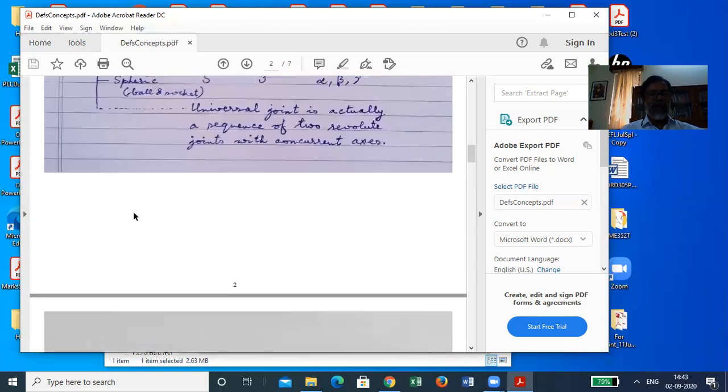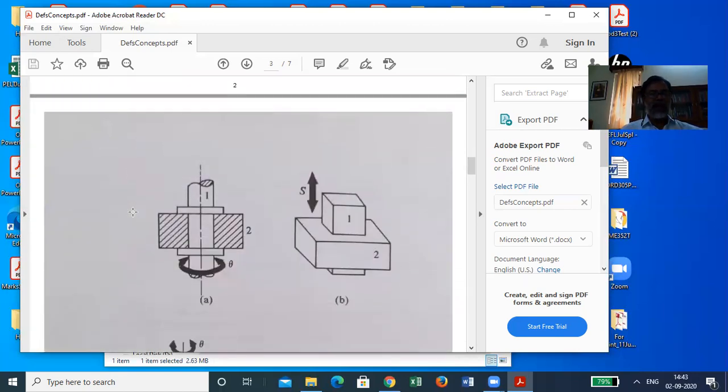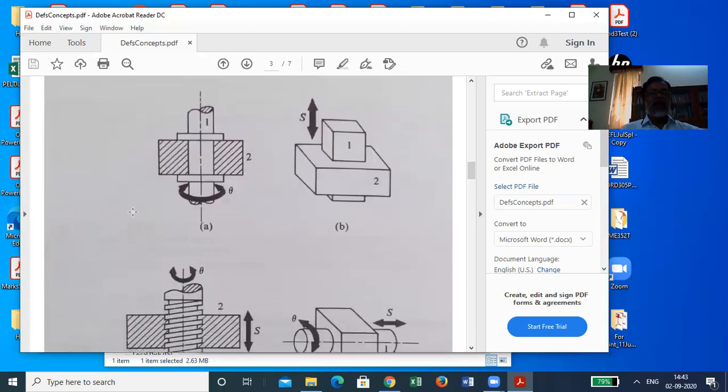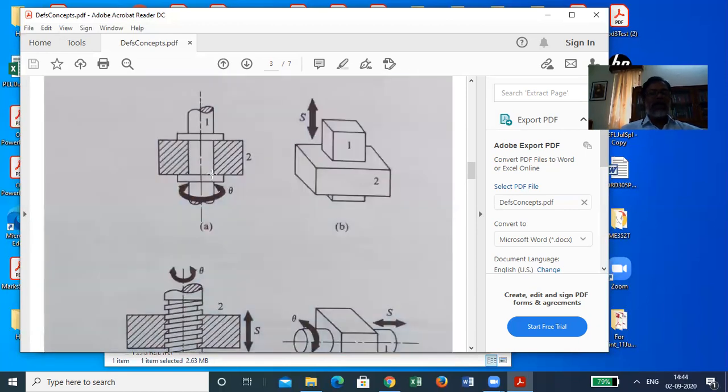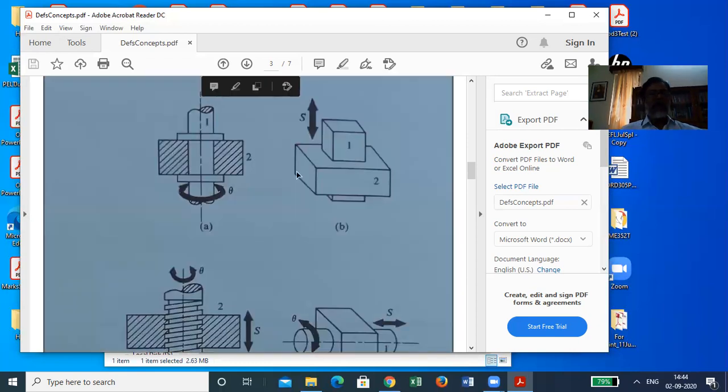Now see some pictures. This is straight from the book. So this is a revolute pair. One body is contributing this rod, another body is contributing this hole. Their mating surface is the cylindrical surface, but along that cylindrical surface, the axial motion is blocked by this and this, and so the only relative motion possible is this turning, and that is a revolute pair.